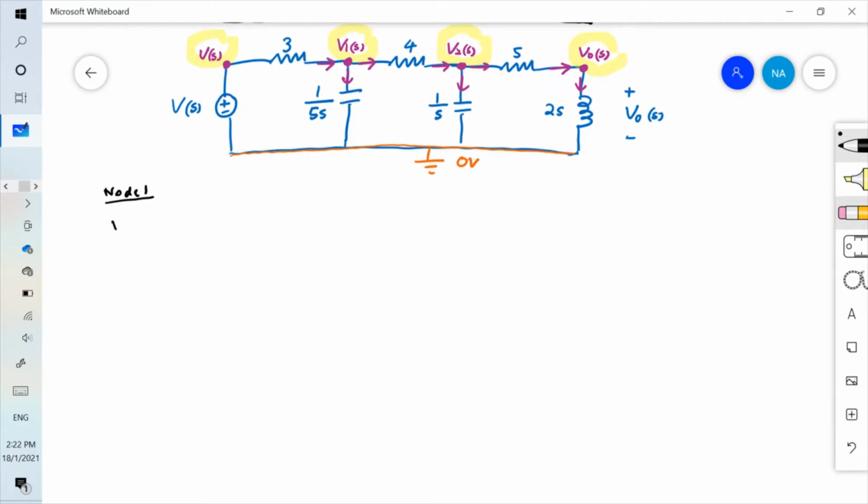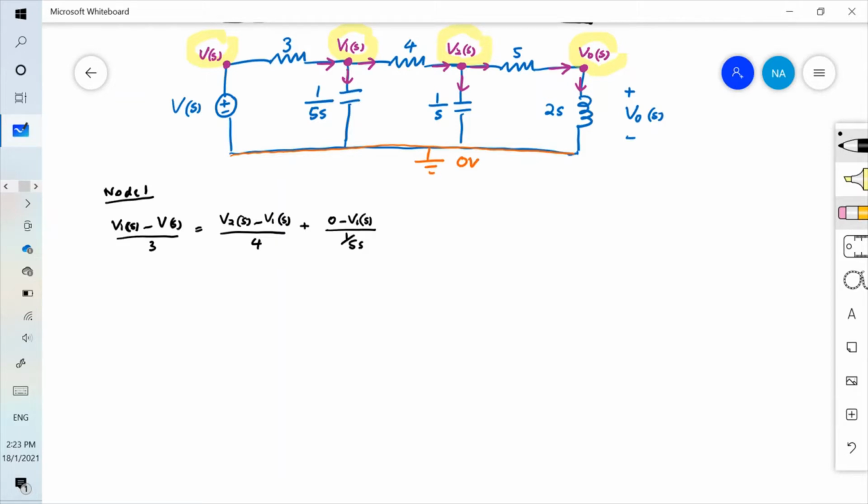Current in is V1S minus V2S over 3 equals to V2S minus V1S over 4 plus 0 minus V1S over 1 over 5S. On your left hand side, you should just leave it with VS terms if there's any.